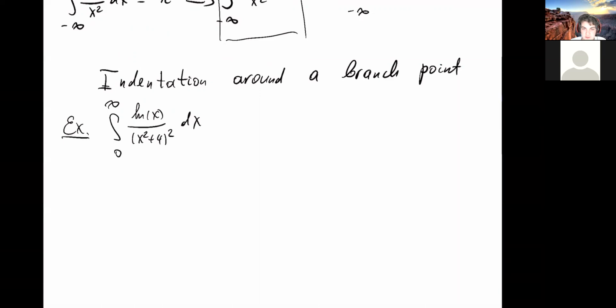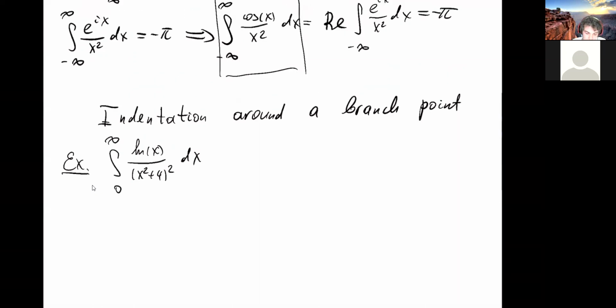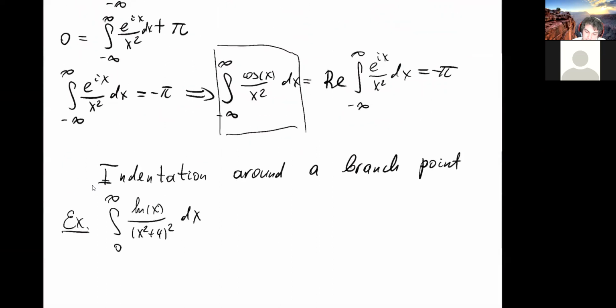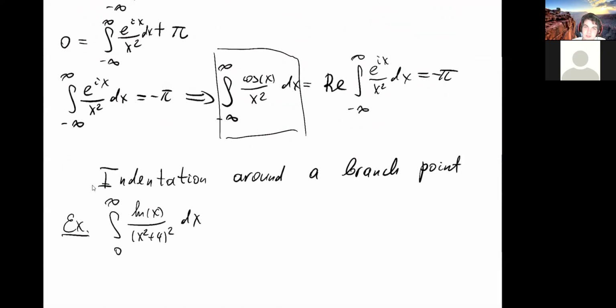Okay, and so there are many problems here. One of the problems is that we cannot possibly write this as an integral from minus infinity to infinity, because logarithm is only defined when we're positive. So the book actually likes to integrate from 0 to infinity, and then using some even functions or odd functions, move on to an integral from minus infinity to infinity.